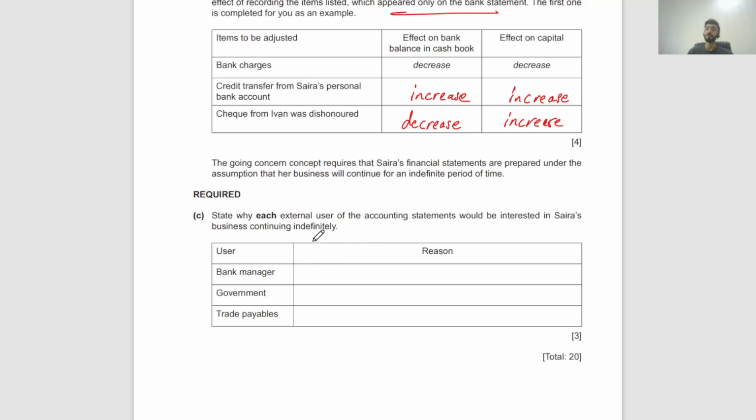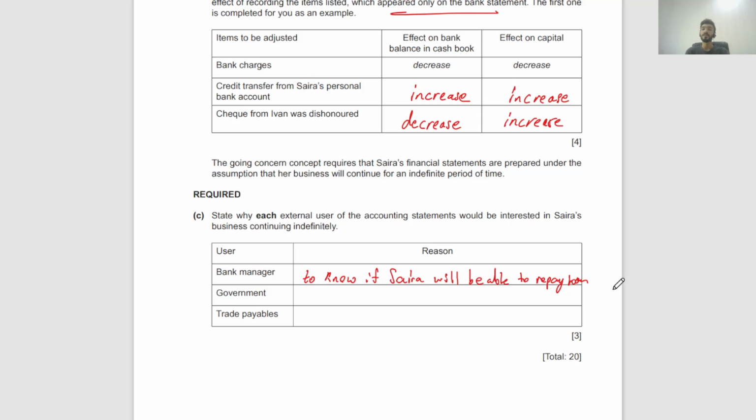Well, because they want their lending back, right? To know if Syra will be able to repay the loan, right? So that's why they're interested.